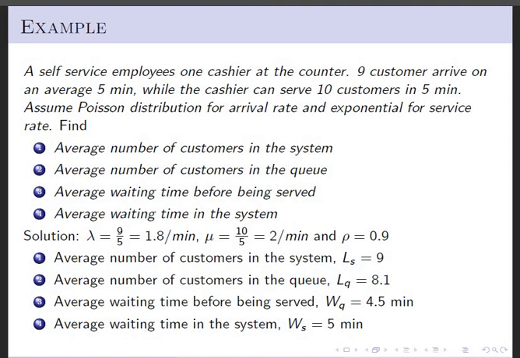Hence, the average number of customers in the system and queue is 9 and 8.1 respectively. The average waiting time in the queue and the system is 4.5 and 5 respectively.